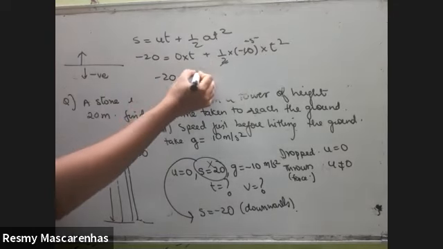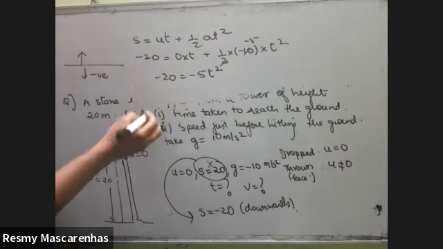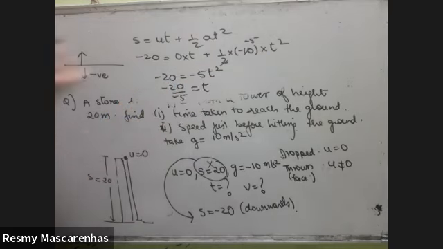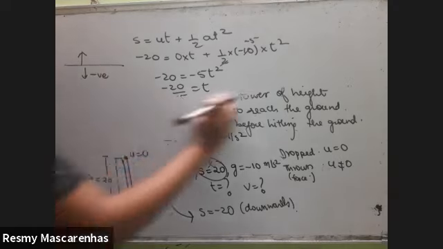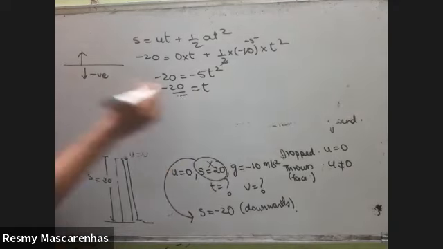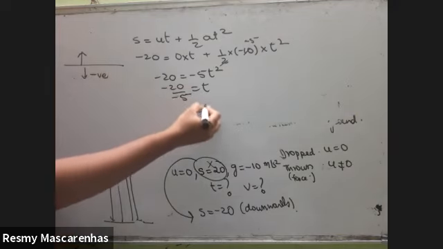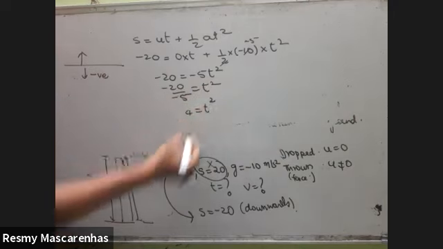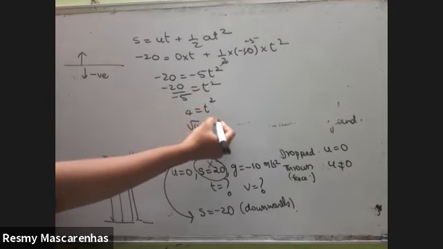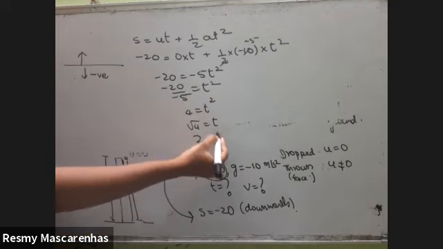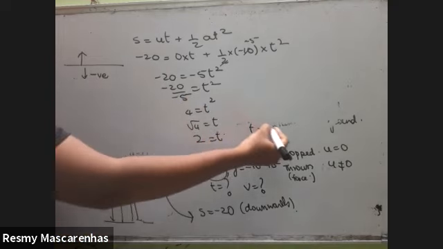Minus 20 is equal to minus 5 t squared, so t squared is minus 20 upon minus 5. So t will be root of 4, which can be plus or minus 2. Time cannot be negative, so obviously it will be 2 only. So time is 2 seconds.